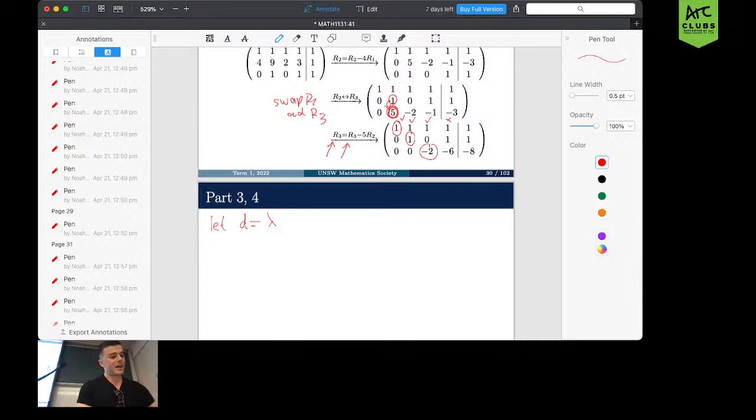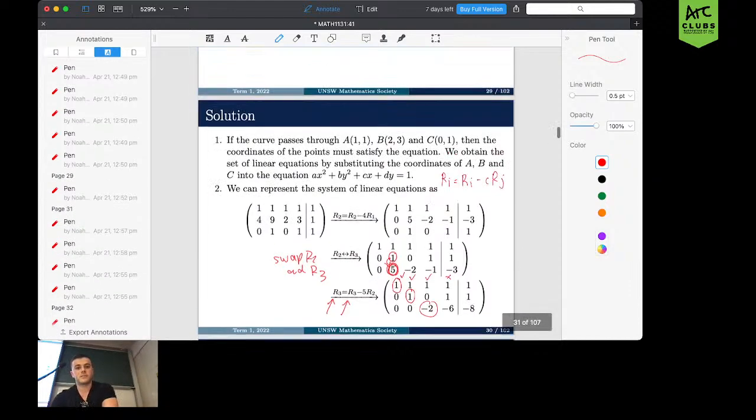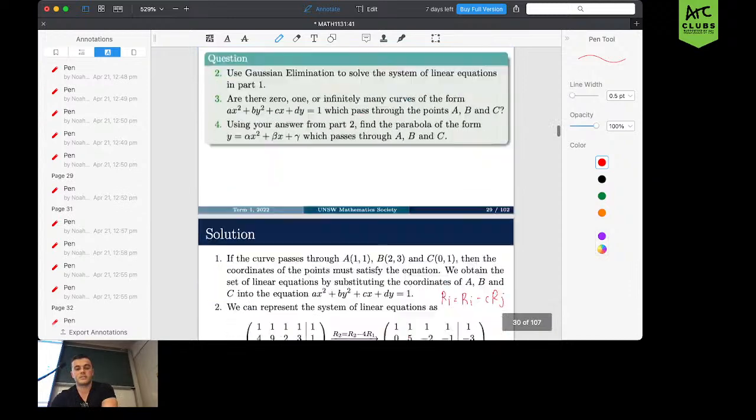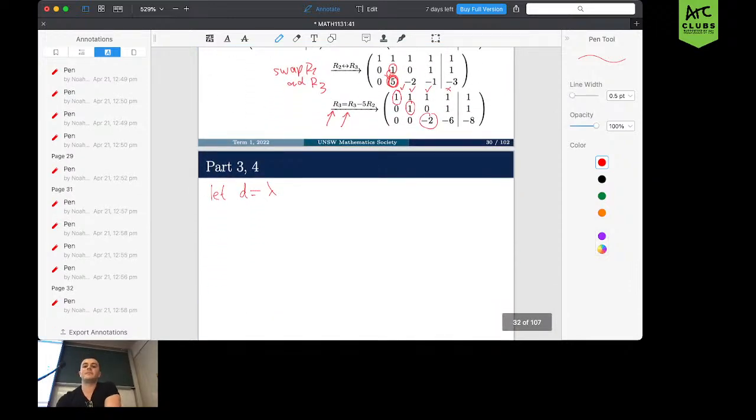And so what we get now is the following. Cool. All right. So let me just scroll up a bit. Awesome. Okay. So we let d equal lambda. So why don't we back substitute? So go from our bottom row and work up. So what we say is that 0a plus 0b plus minus 2c, so minus 2c minus 6d, but d is lambda, we're going to set that equal to negative 8.